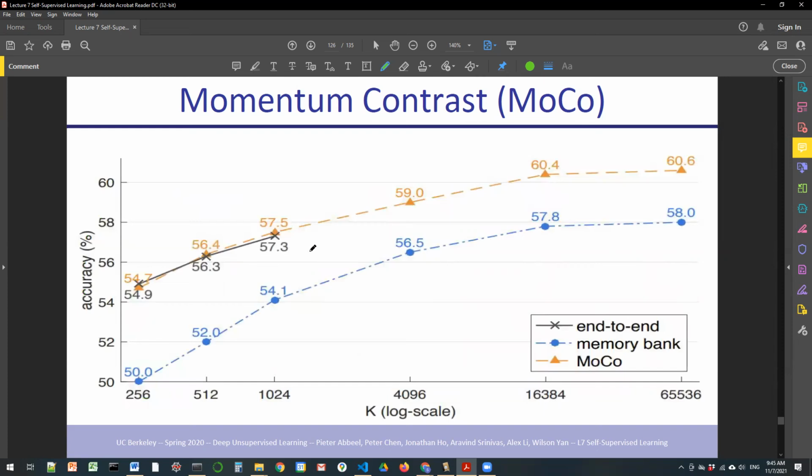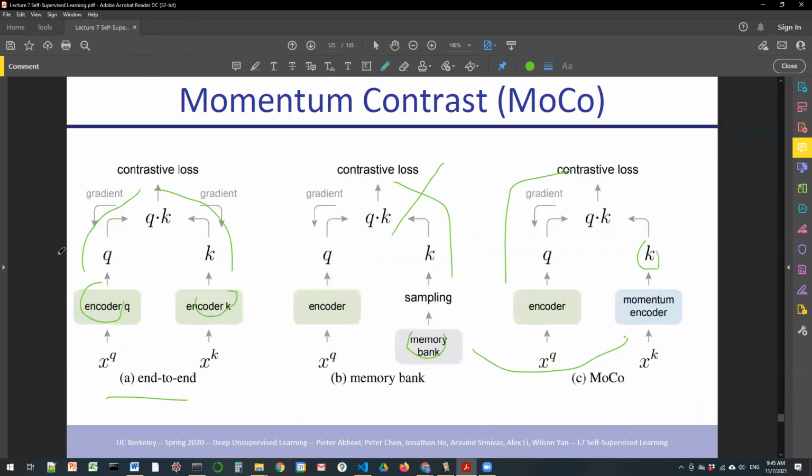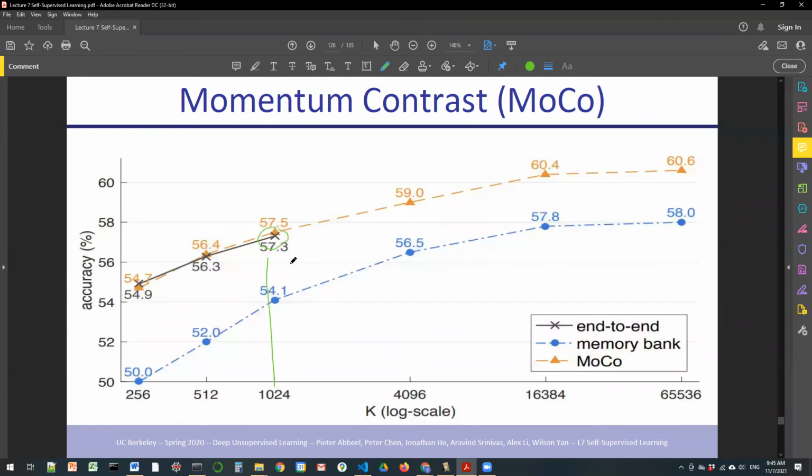And this is the graph that I was referring to earlier, which talks about, here they stopped with the size of about 1024 in an end-to-end approach. And the end-to-end approach is identical encoders on both parts, if you will.